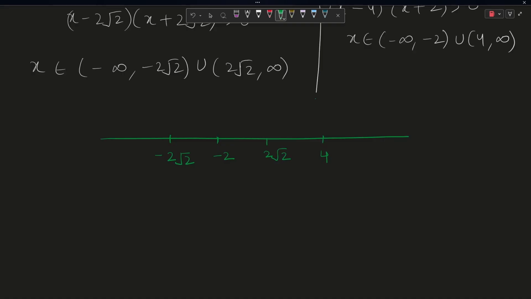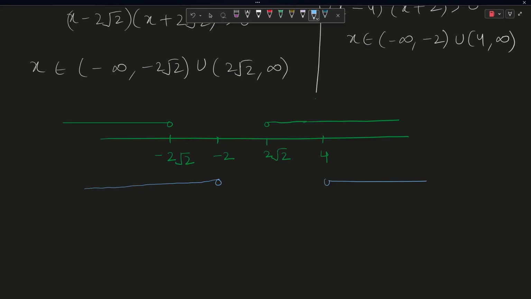Now we will be taking the values minus infinity to minus 2 root 2 and 2 root 2 to infinity, and then minus infinity to minus 2 and 4 to infinity.